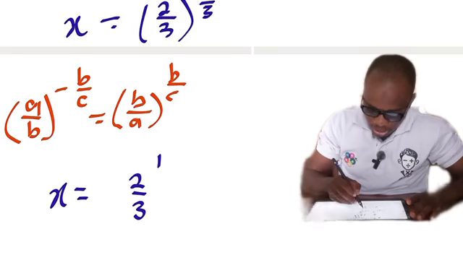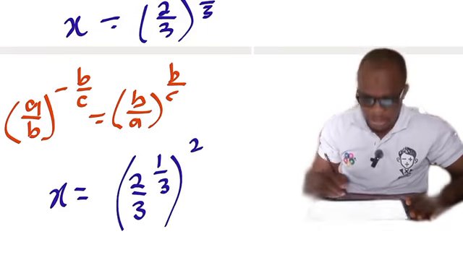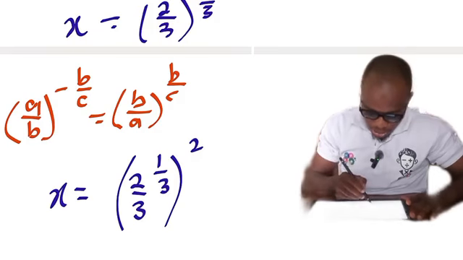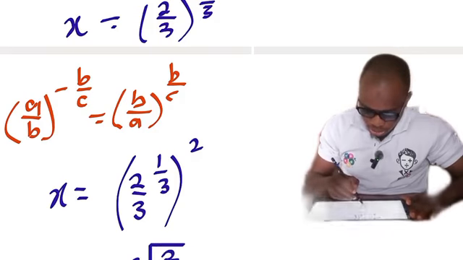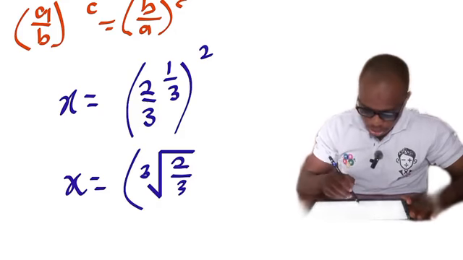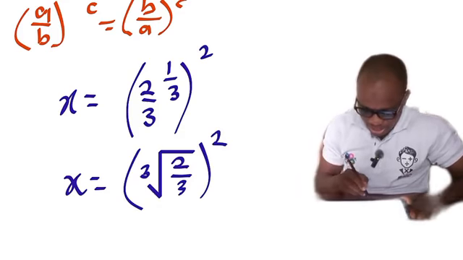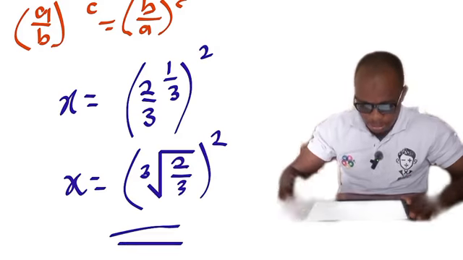Then we can have the power of 1 over 3 like this. If I take this inside, then raise to the power of 2 here, you see that I'm going to have x equals the cube root of 2 over 3, because the power of 1 over 3 changes to cube root, then all to the power of 2. And that is our solution to the problem.